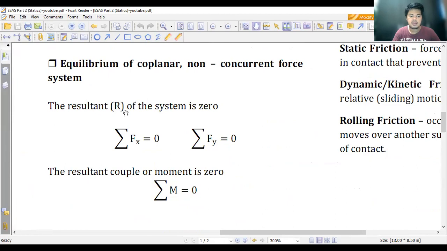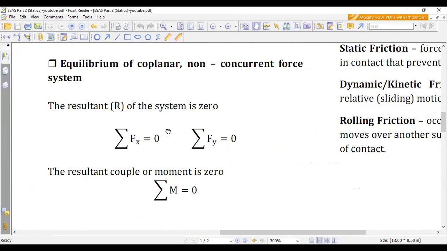Okay, so we have here the two conditions. The first one is that the resultant force, or the summation of the forces in a system, must be zero. The second one is that the summation of the moment in a system must also be zero.